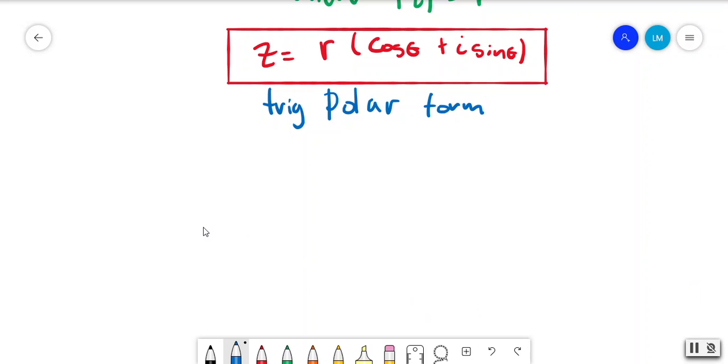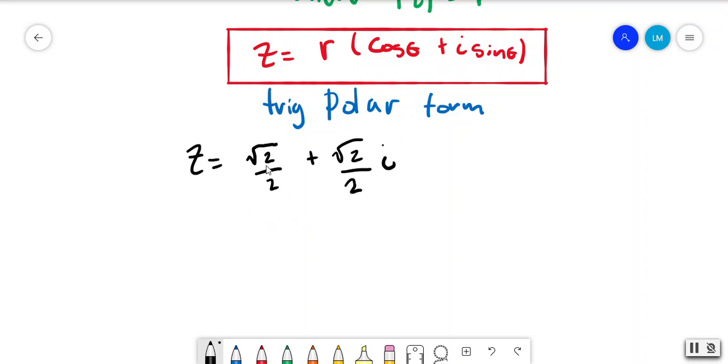So for example, let's say that you have a complex number like z equals root 2 divided by 2 plus root 2 divided by 2, and then you have i.